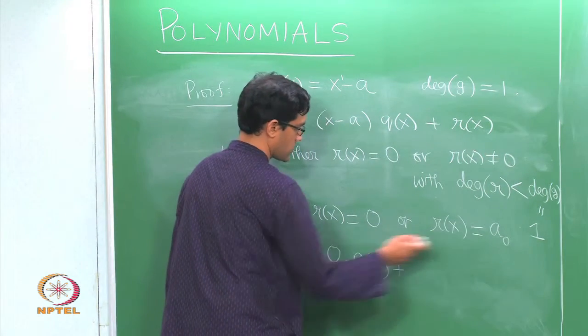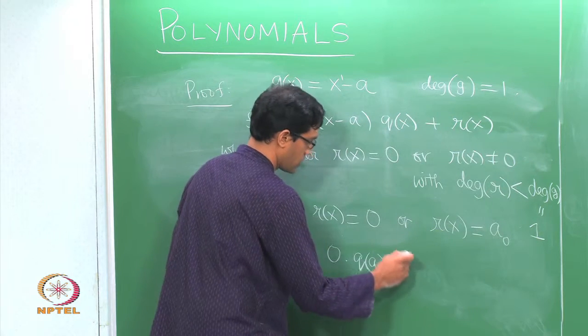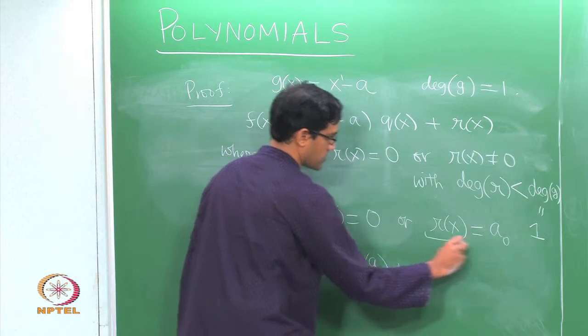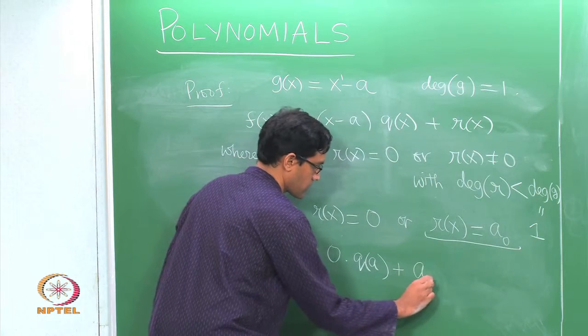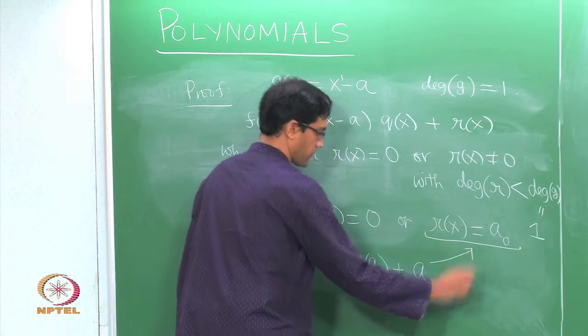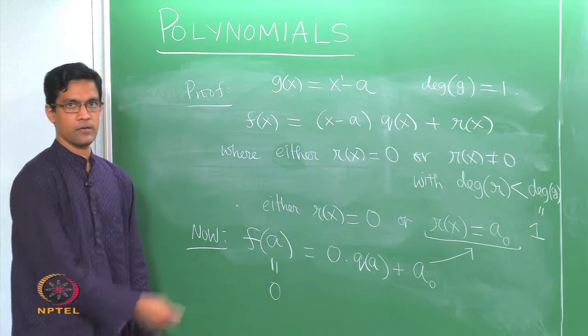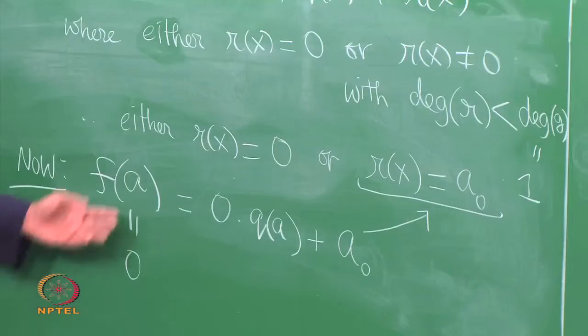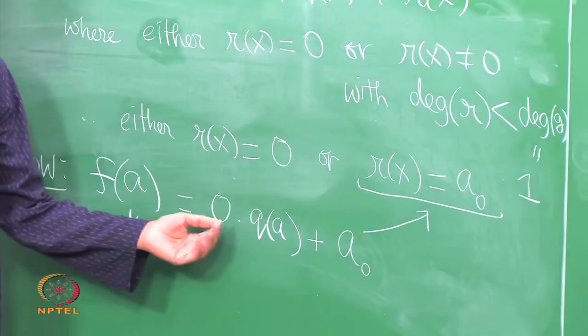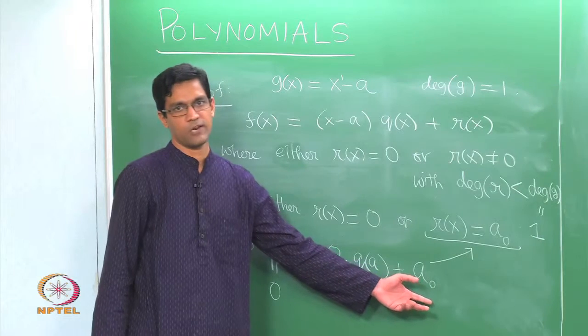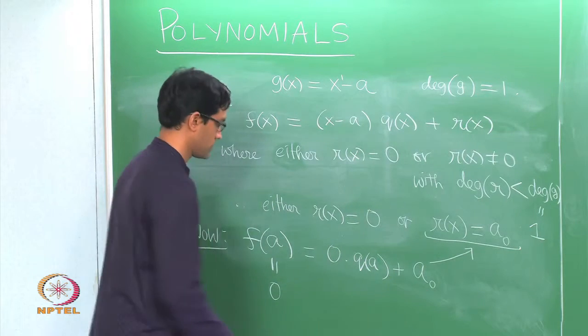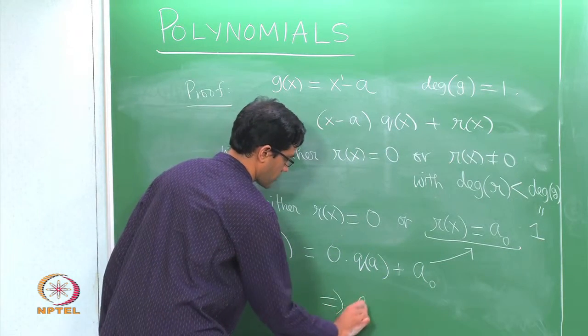Well, r is just 0 or a naught. So let me take the second case. I claim that this case can't really appear, so plus this remainder a naught. Okay. Now we just look at what both sides are. The left hand side is 0, the right hand side has a 0 in the first term plus an a naught. So a naught had better be a 0. So we conclude from here that a naught is actually a 0.